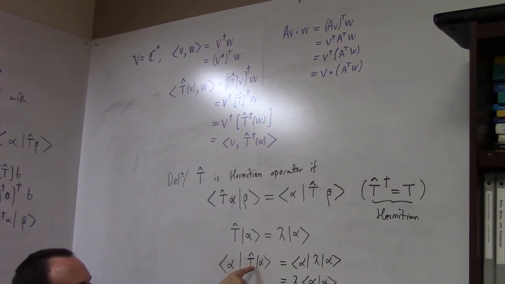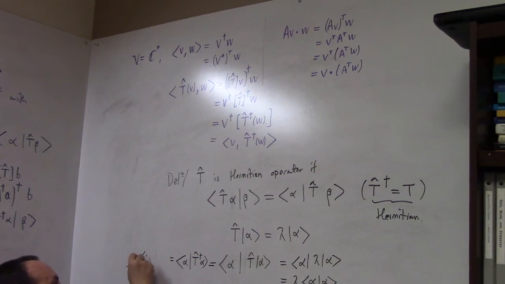But on the other hand, by the definition, this is equal to T dagger, because it's Hermitian. And so by the general identity of operators, this is T of alpha with alpha, and this is lambda alpha alpha. But when you pull scalars out of the other side of the complex inner product, remember it's not bilinear, it's sesquilinear, it's 1.5 times linear.